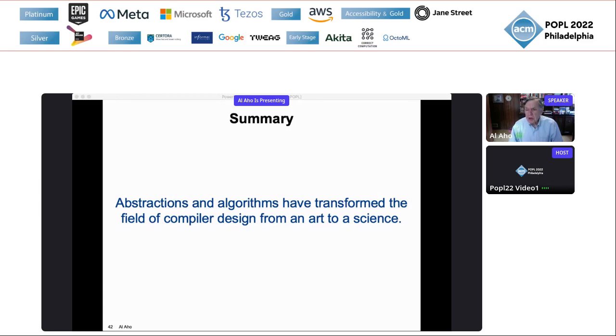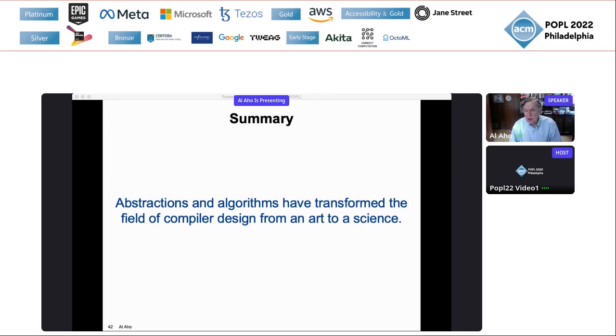And I might also mention that with the advent of compiler frameworks like GCC and LLVM, the construction of a new compiler has turned into an exercise in software engineering, because to create a new compiler for a new programming language on an existing machine, all you do is construct a new front end and have your front end translated into LLVM IR.